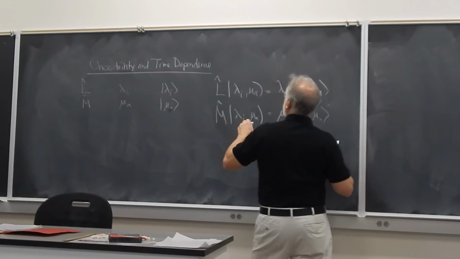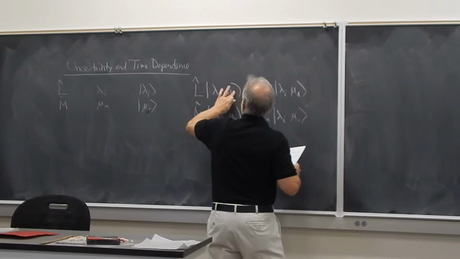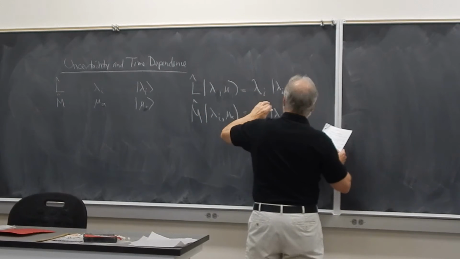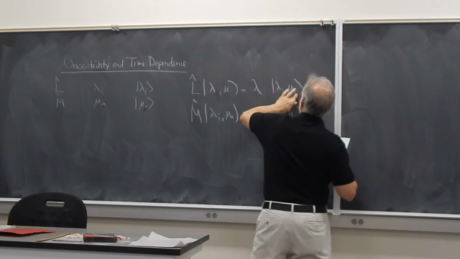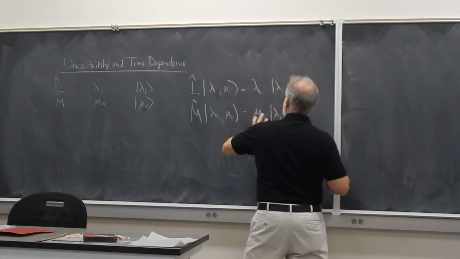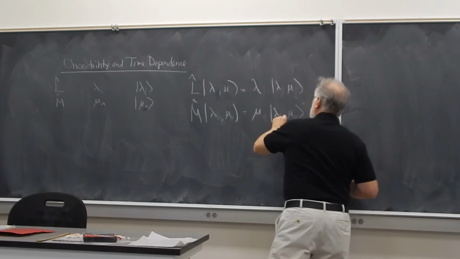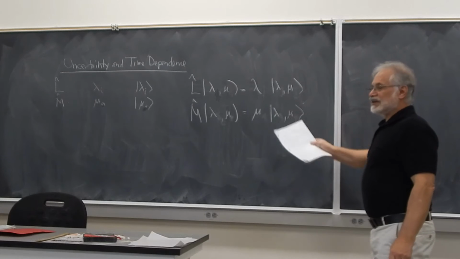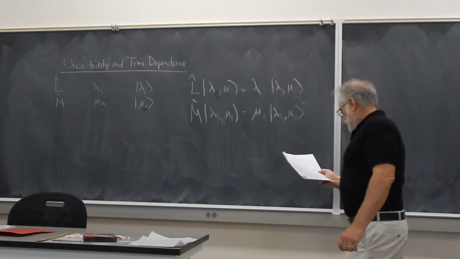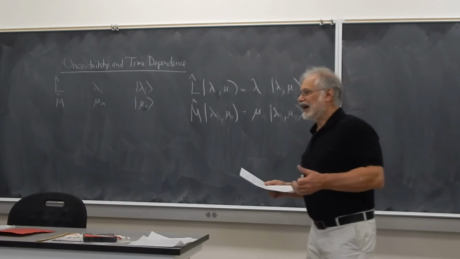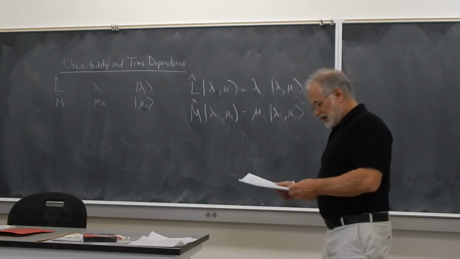So let's make it just lambda, mu, like so. These are going to be the two equations that we need. This is telling us that we have simultaneous eigenstates of operator L and operator M.